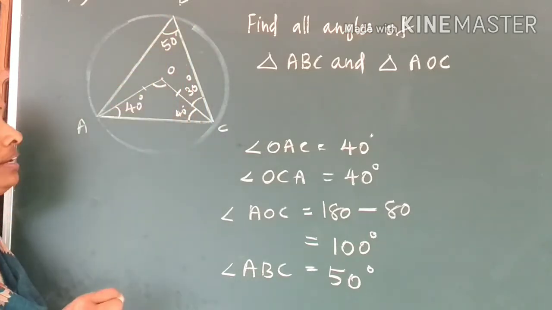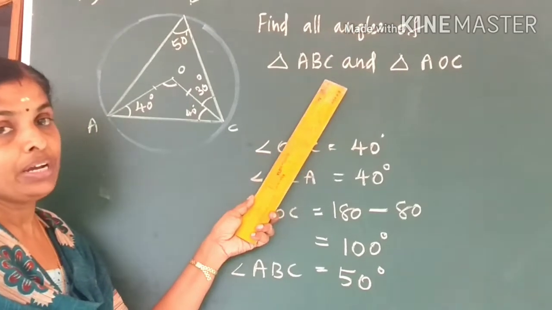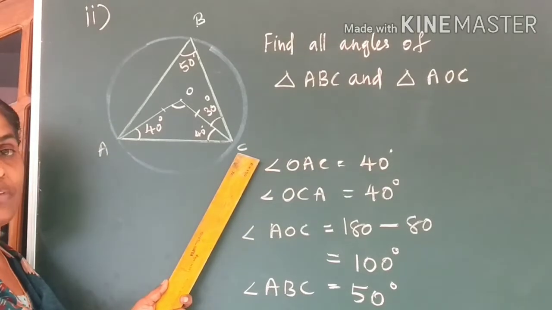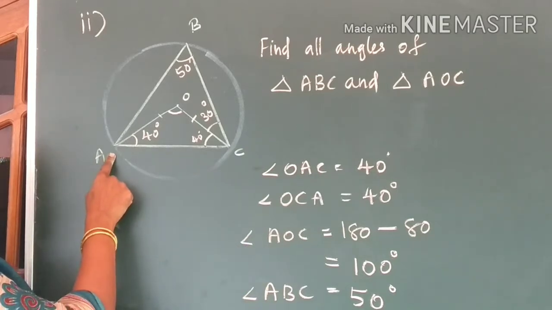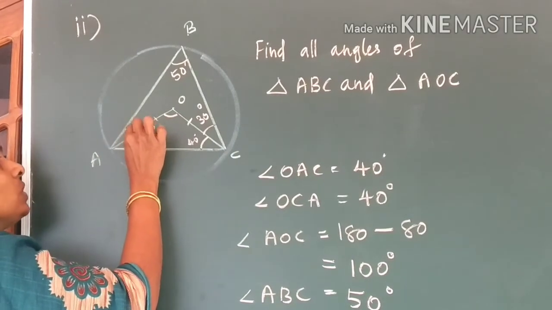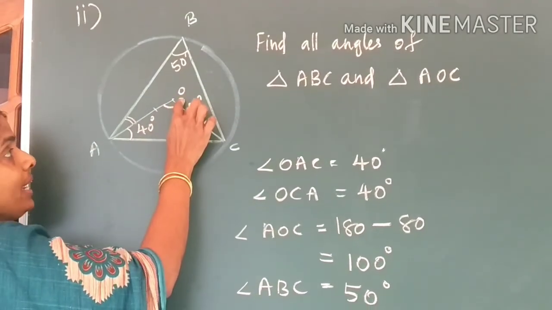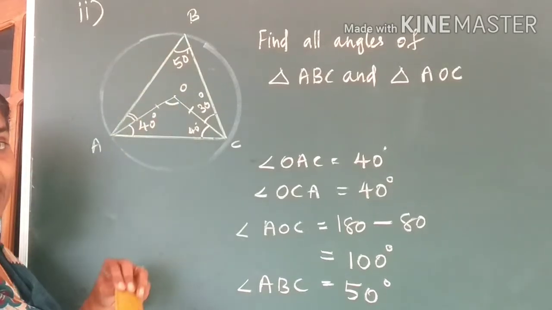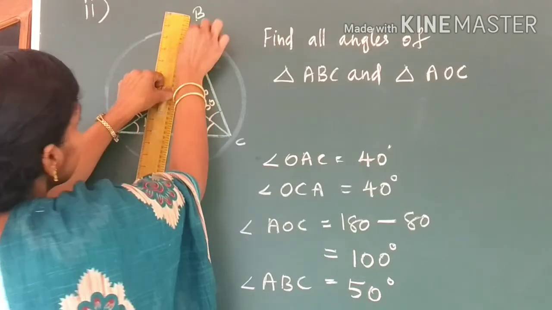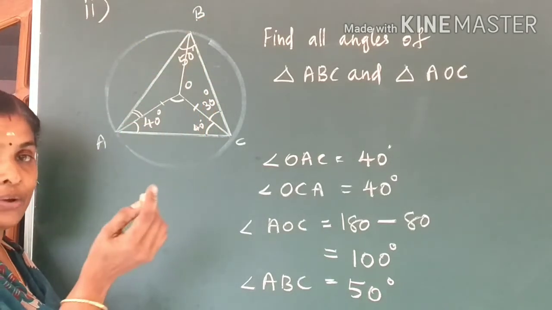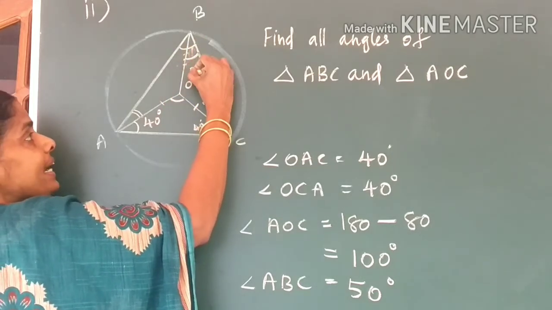Now in our question, they have asked you to find all angles of triangle ABC. Now we know angle C, we know angle B also. To get angle A, we need this smaller angle. So what is this smaller angle? We can find it by drawing OB. Okay, let me join OB. If you join OB, you can understand this portion to be equal to 30 degree.